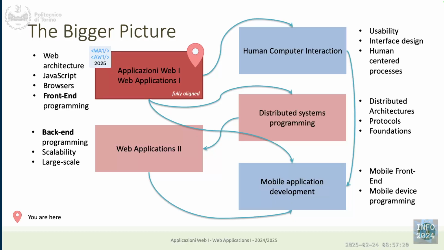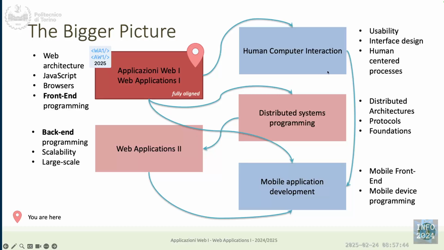It's one of the toughest problems, and we don't have time to deal with that in this course. That will be the subject of distributed system programming, and later on the application level of web programming too. So these three are the 18 credits for web programming and web architectures.